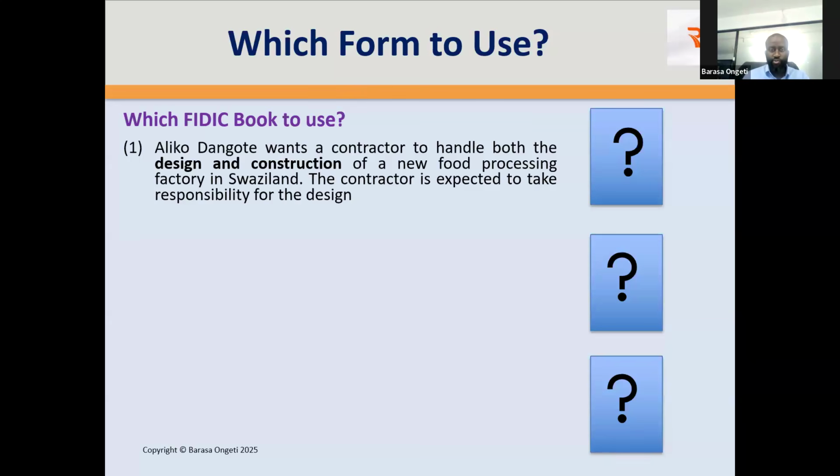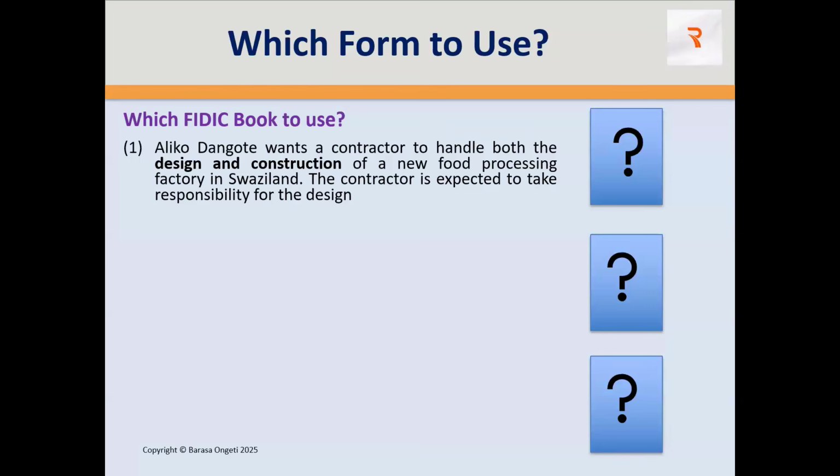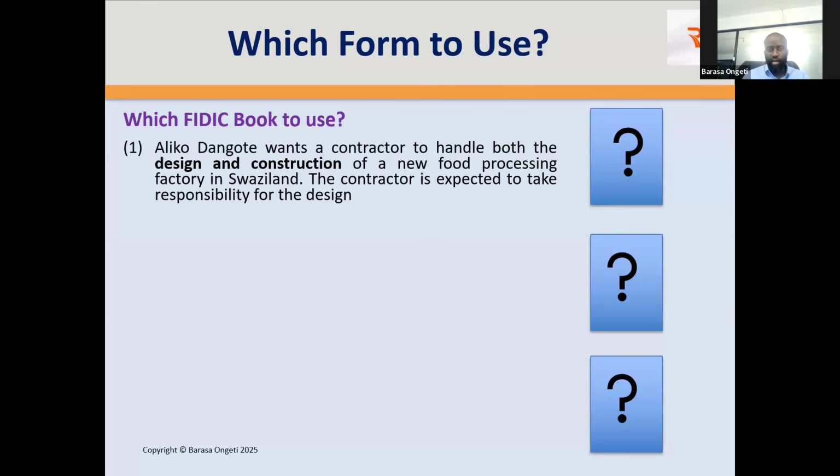Let me see who else I can choose to say. Who said red? Somebody here said red. Who was it? Alphonse. Yes, I say yellow book because the yellow book you use it for design and build. Perfect. Thank you. Alphonse, you said red. Why did you say red? Okay, Alphonse is not ready. We'll come back to him later.